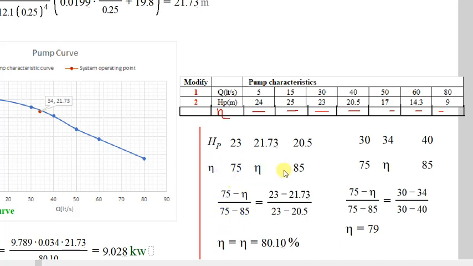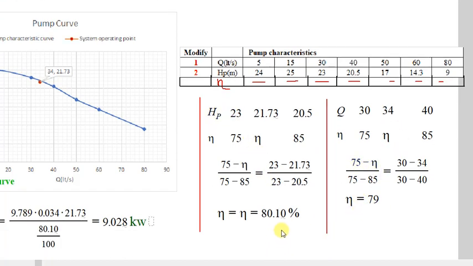On the right side here, I use the Q and the efficiency. You can do the same. For interpolation, you can use whatever you want. It will be a bit different in the interpolation. If you interpolate the head of the pump, it would be better than the Q. If you don't want, it's okay. Also, you can do both.